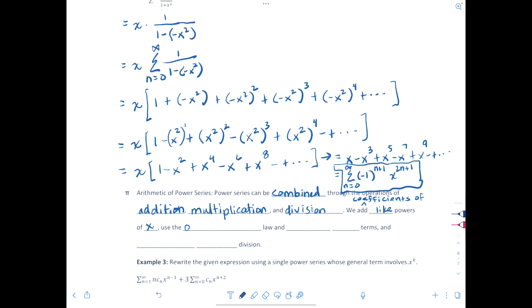We use the distributive law. And then we combine or collect like terms and perform long division.